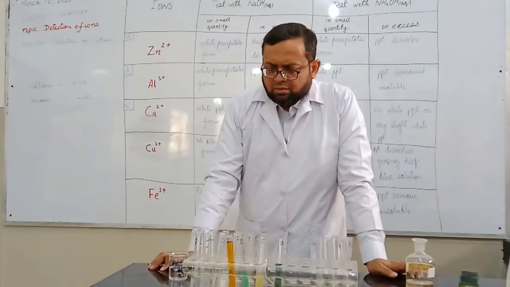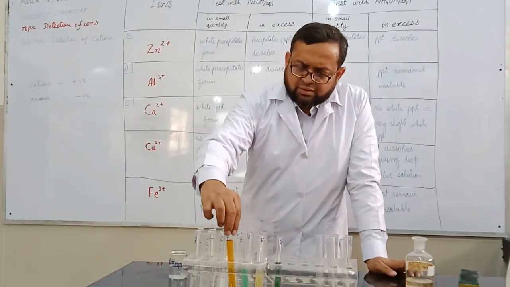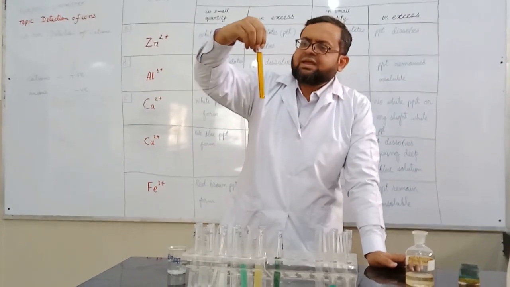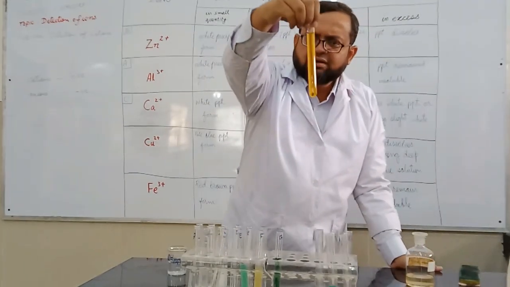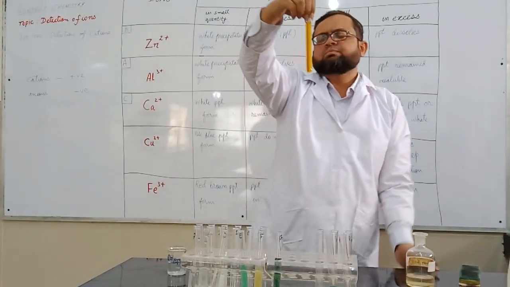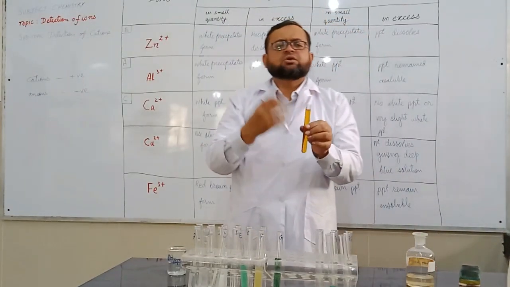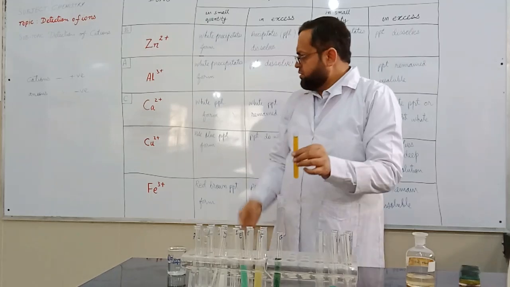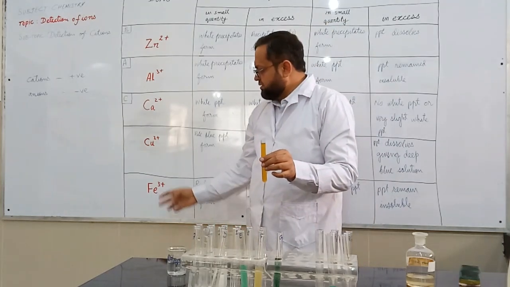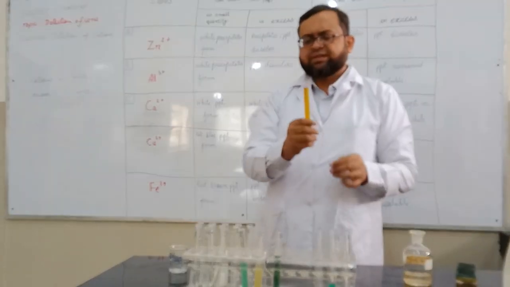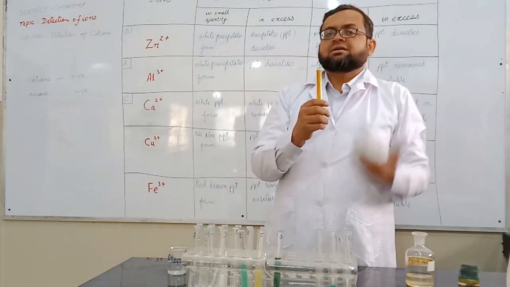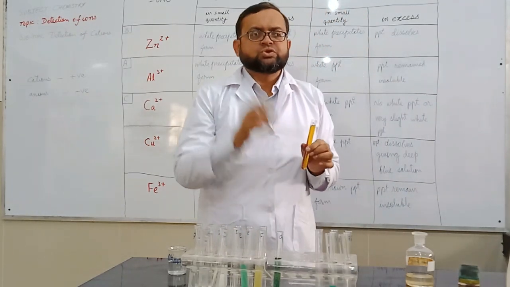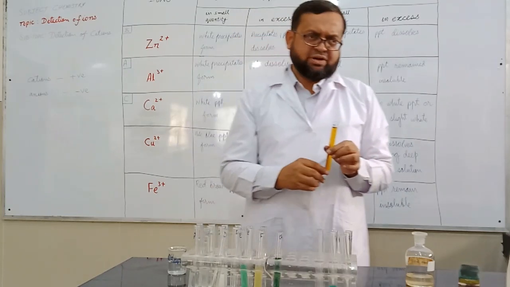Now, solution D is light brown in color, and some authors write it as a yellow solution. The yellow solution shows that it might be iron 3 ion, and if you have a colored solution, then you should think about a transition element.